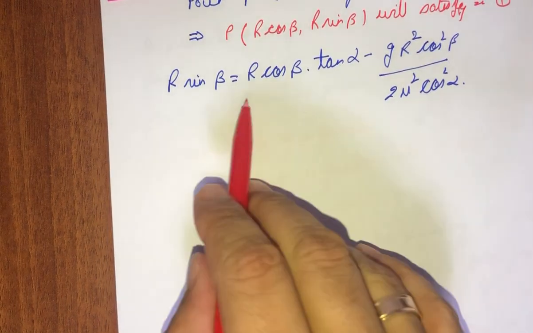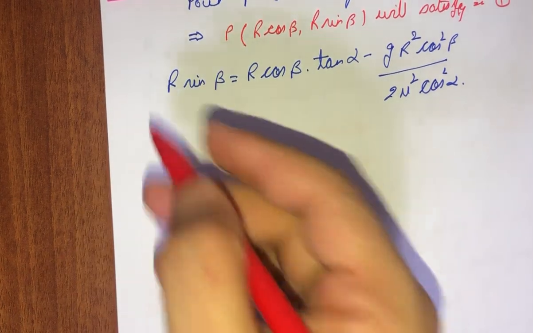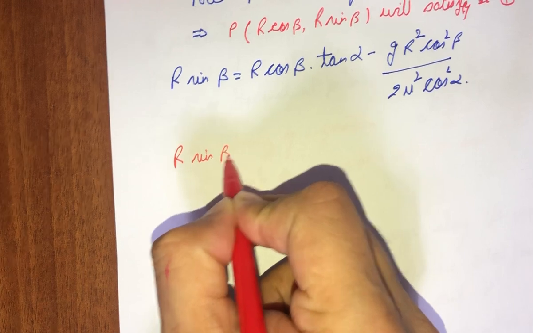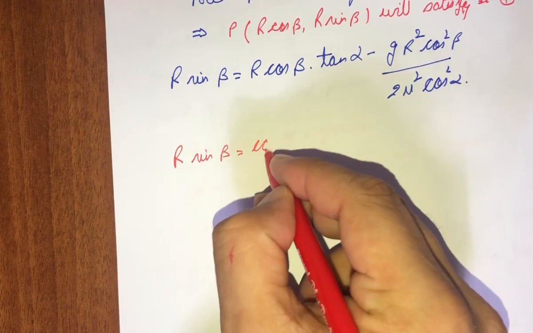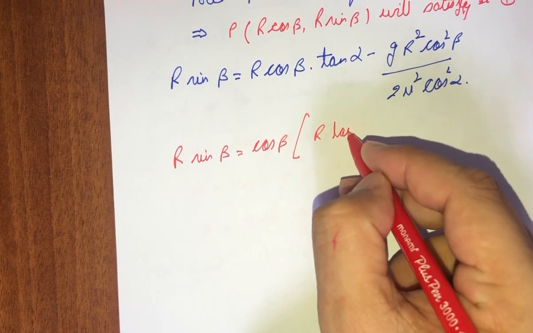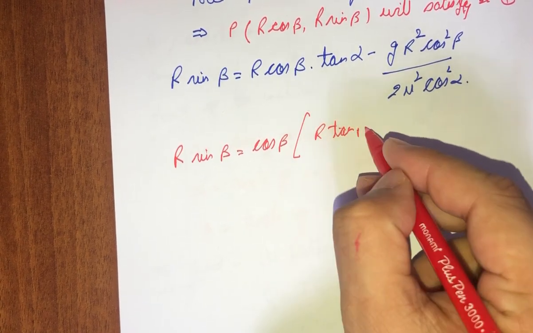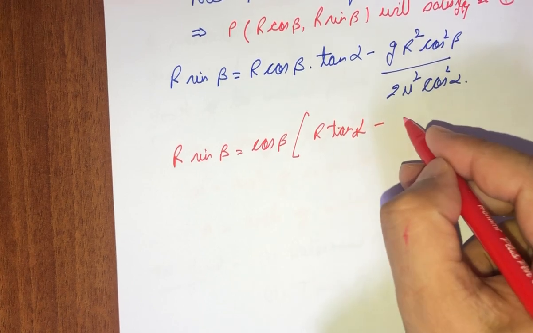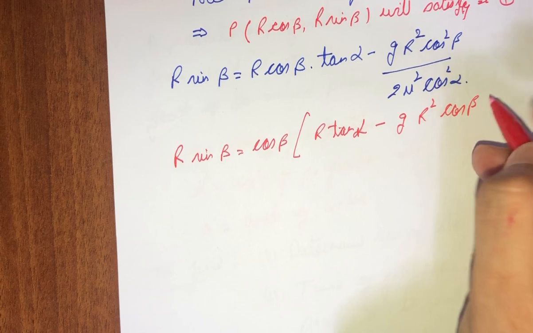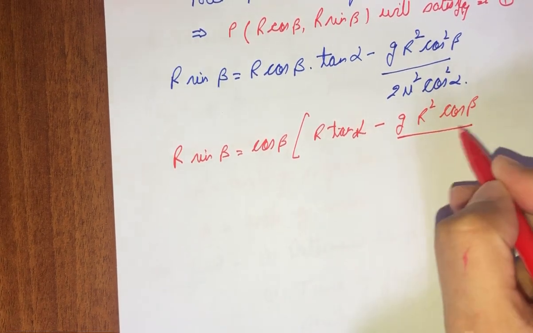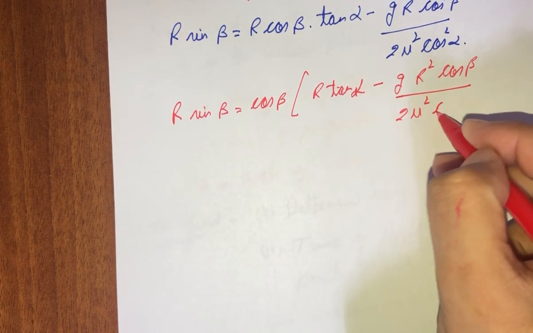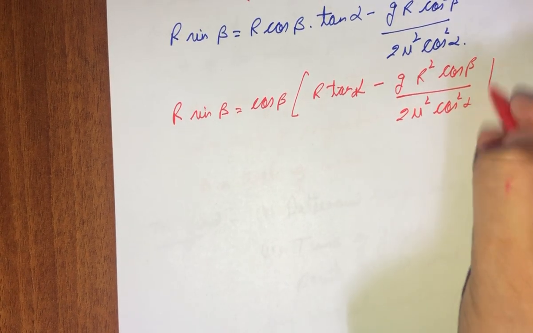Taking cos beta common from the right side, we can write this as r sin beta equals cos beta times r tangent alpha minus g r square cos beta divided by 2u square cos square alpha.